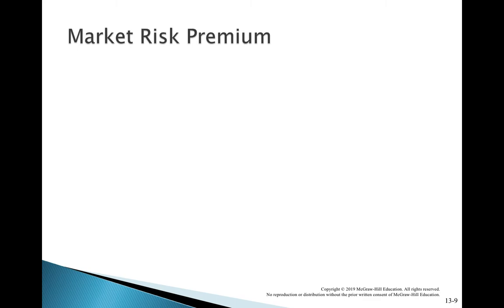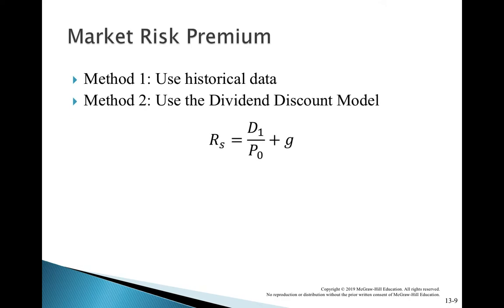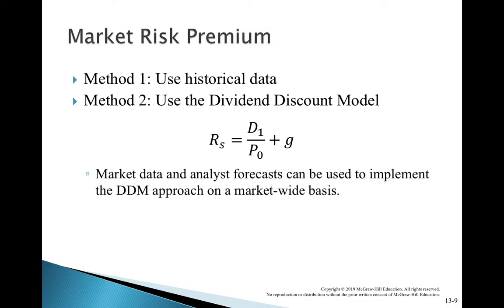Now the next item in the CAPM is the market risk premium. Market risk premium is the market return minus the risk-free return. For market return, we use historical data, and sometimes the dividend discount model to get the return of the market. Market data and analyst forecasts can be used to implement the DDM approach on a market-wide basis.